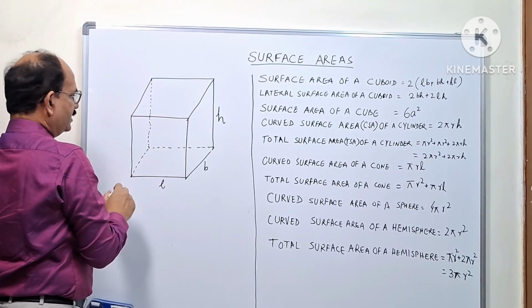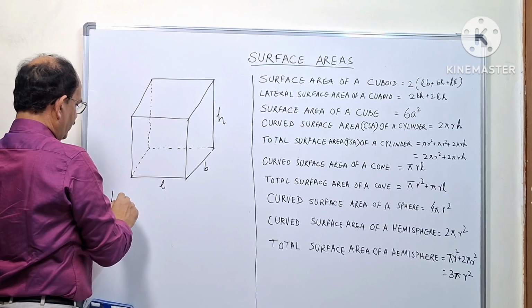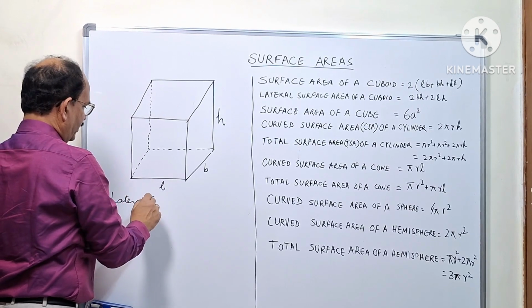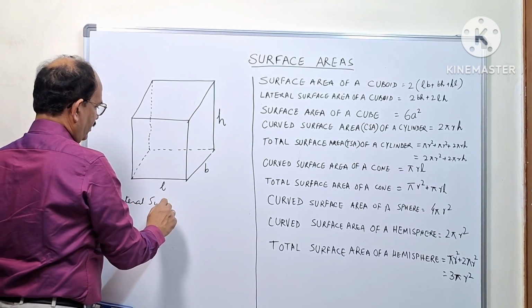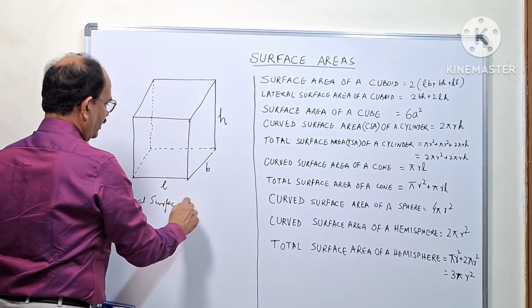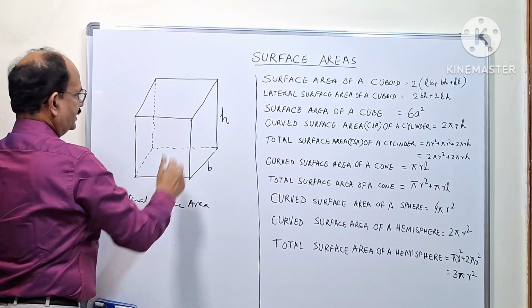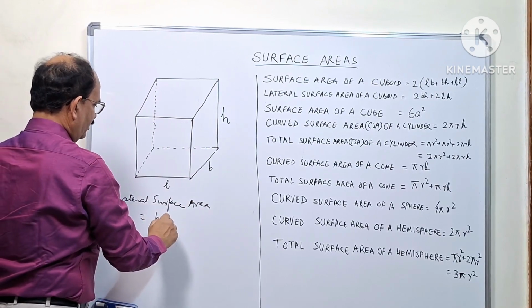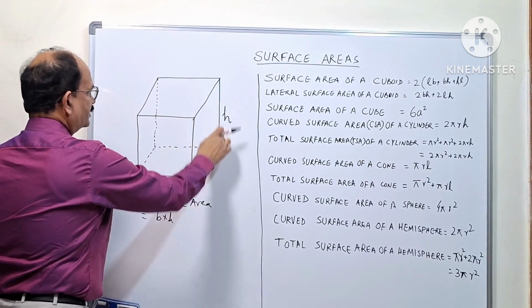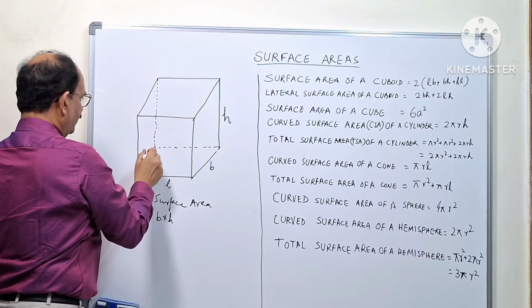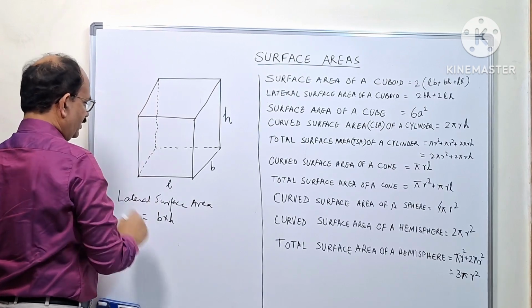So then the lateral surface area will be equal to the one which is having base into height, this, and then similarly this face which is base into height.